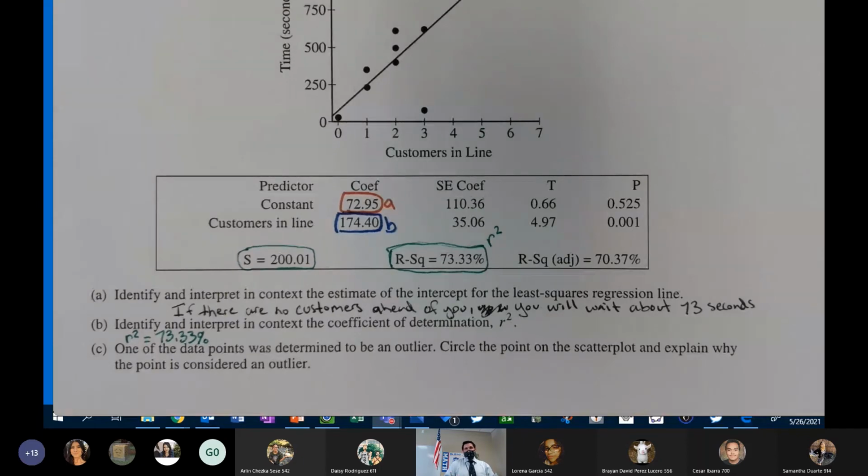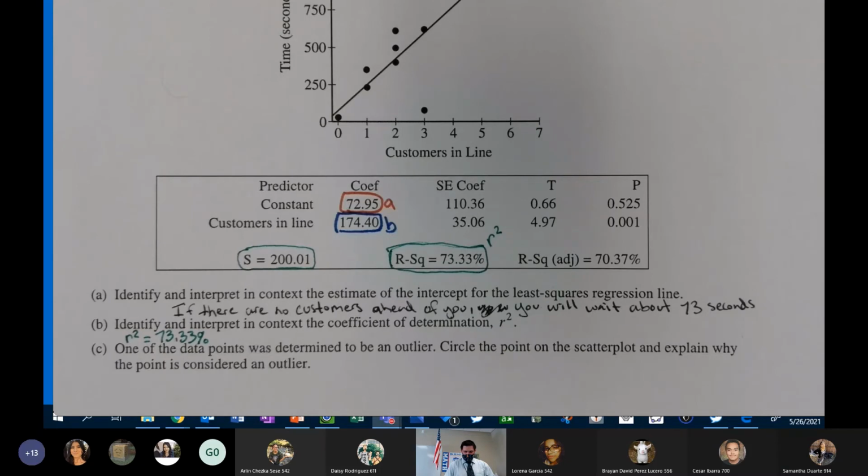It's essentially stating that 73.33% of outcomes can be represented with this regression line, and it fairly accurately accounts for how much time you would have to wait given the number of customers.